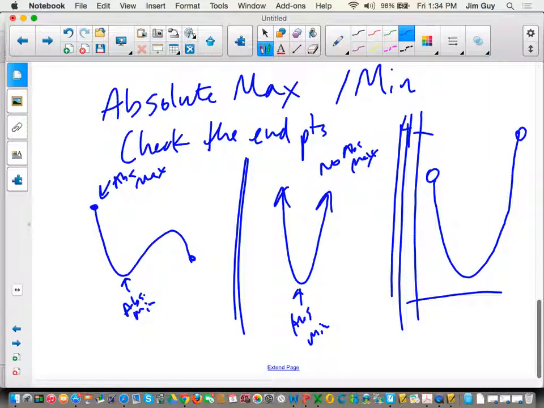Well, that's a hole. There's no point at 4. That was a trick question. Don't tell me the number before 4, because what's the number before 4? 3.8. Is there an absolute maximum? No. Isn't that weird? There's no absolute maximum here. There's an absolute minimum, of course, and no absolute maximum, because there's no endpoint on that. All right. That's the first one.